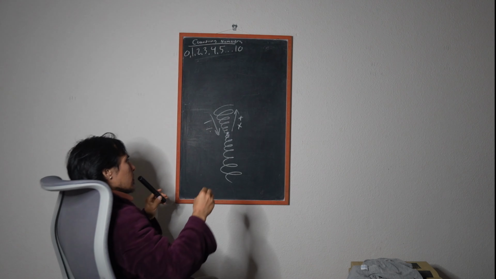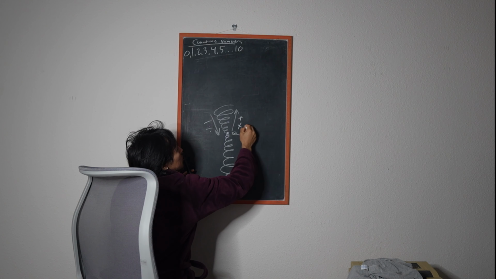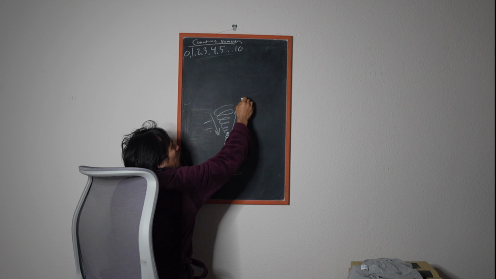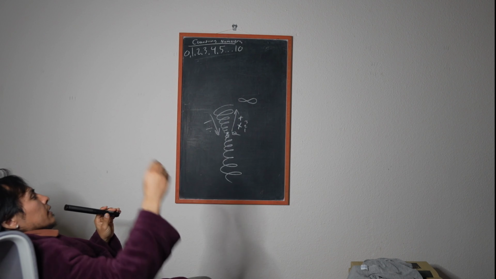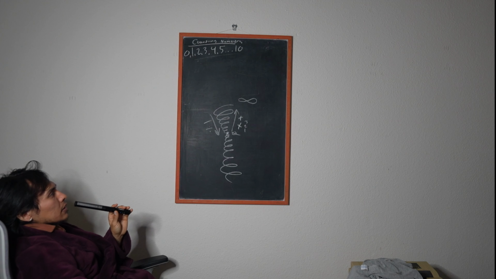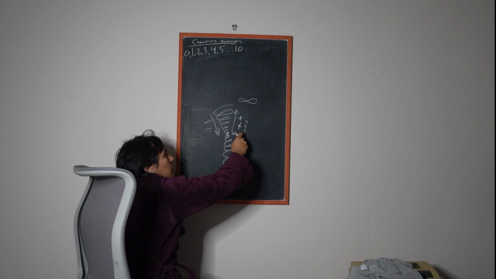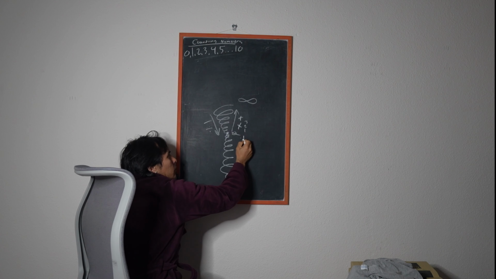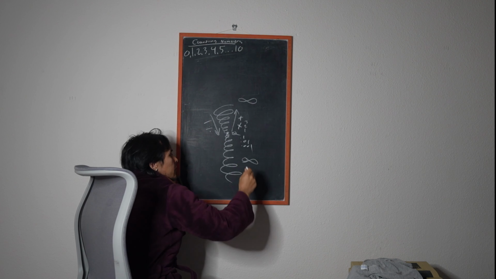Here we'll have our 0, and then we get our 1s all the way up to 2, 3, all the way to infinity. And now you could go even smaller, to your 0.1, 0.01, 0.001, all the way into infinity.